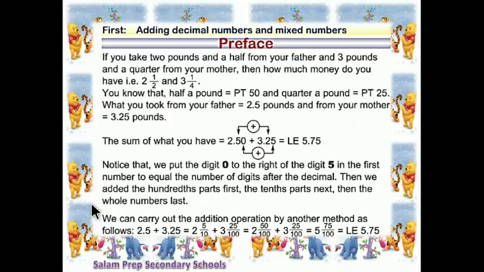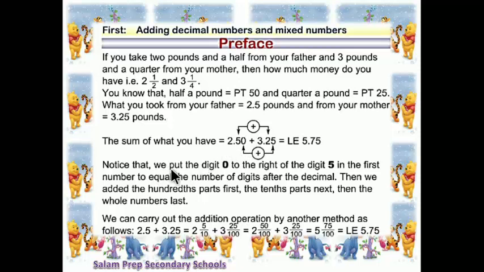Now we will learn how to add decimal numbers. Note that we put digit 0. Okay? The numbers are 2.5 plus 3.25. To solve an addition problem, we need to balance the decimal numbers.